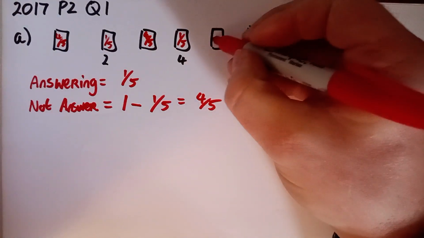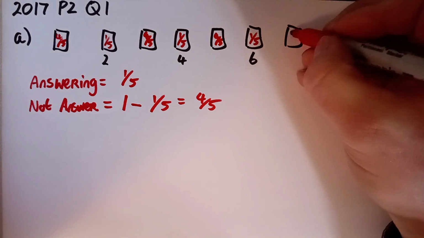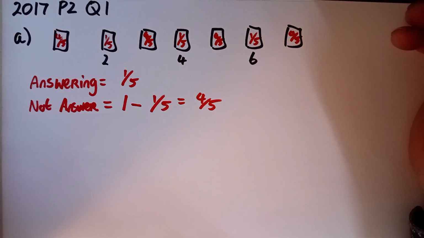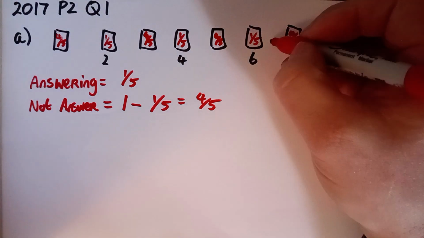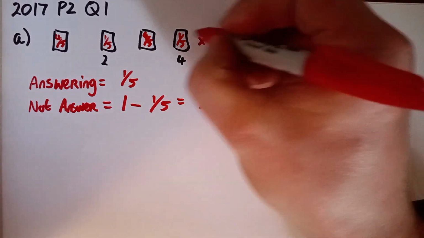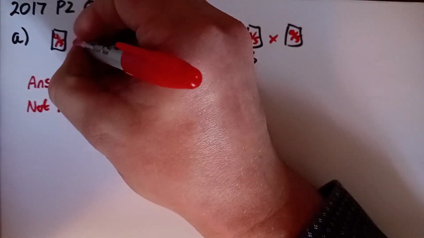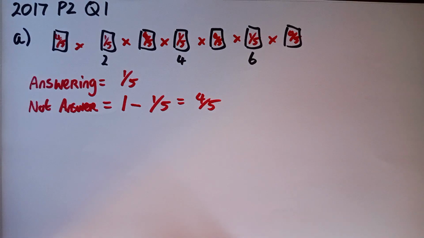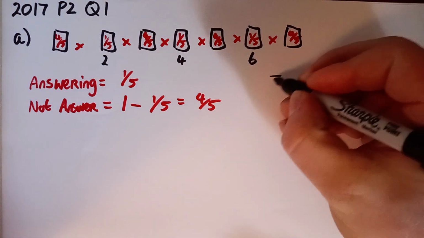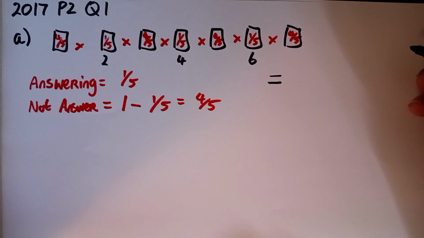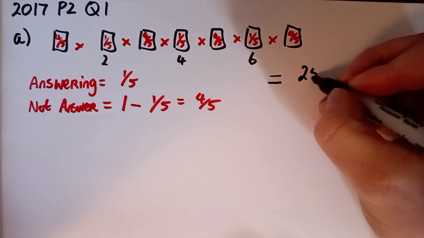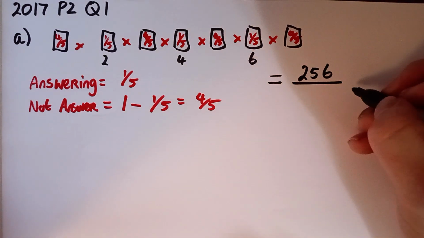Then, just like in permutations, they will multiply by each other, each of them, and you put that through your calculator to get your final solution. I would always give this as a fraction, and in all answers I would usually give the fraction answer because the decimal ends up being recurring.